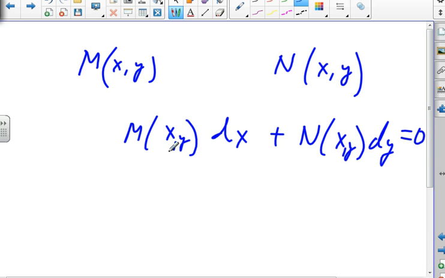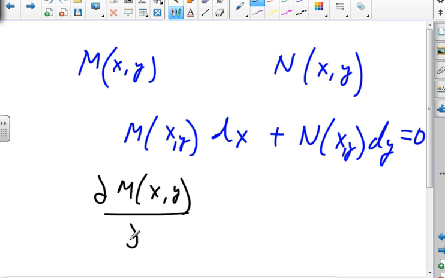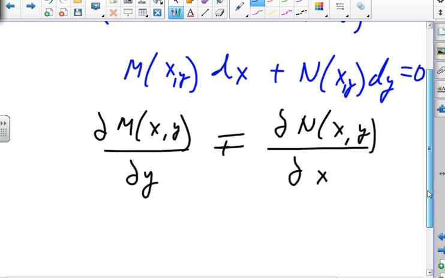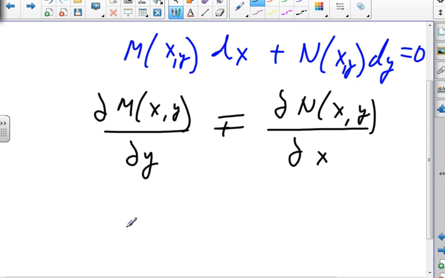So if somehow I got into that form, and I could show that the partial of m with respect to y is equal to the partial of n with respect to x, then the partial of m with respect to x would just be some u xy.